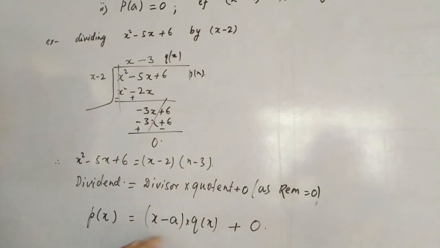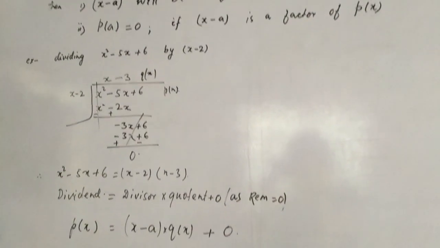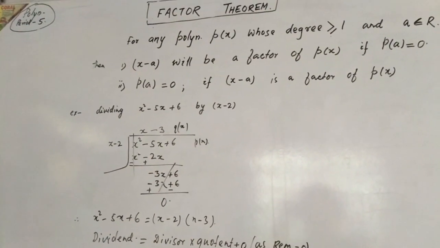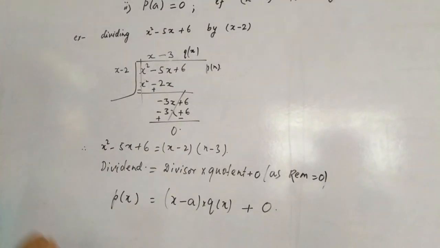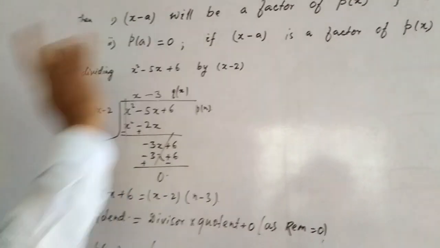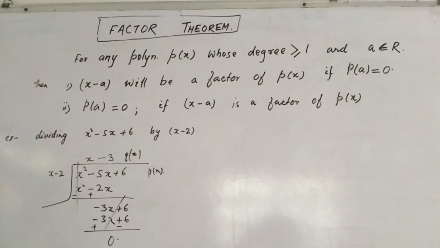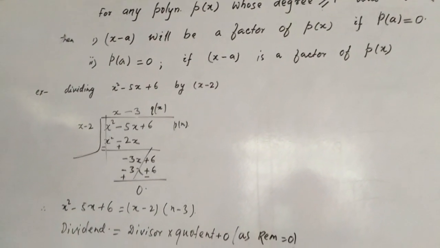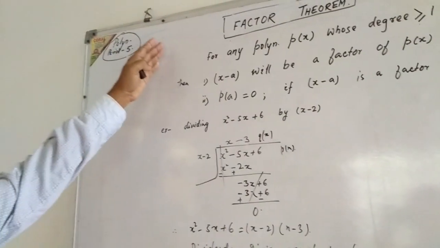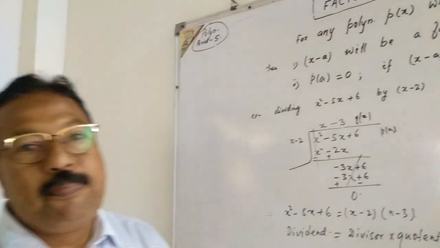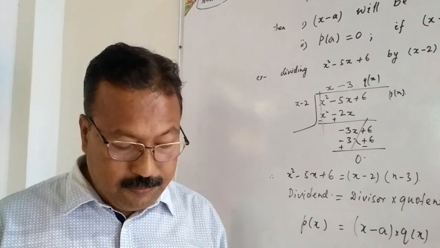Hence we can say x minus a is a factor of p(x) if and only if remainder is 0, that is the value of p(a) must be equal to 0. Now we'll take some questions in which we'll learn the concept very finely.